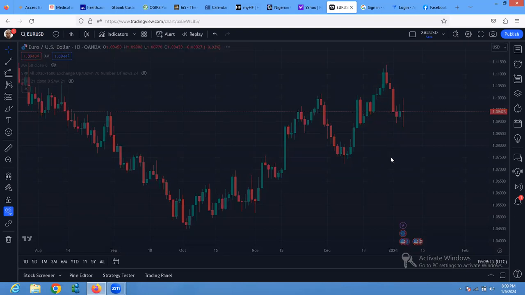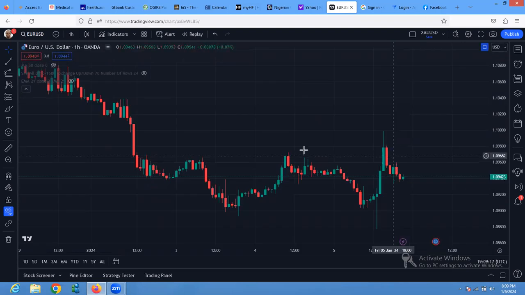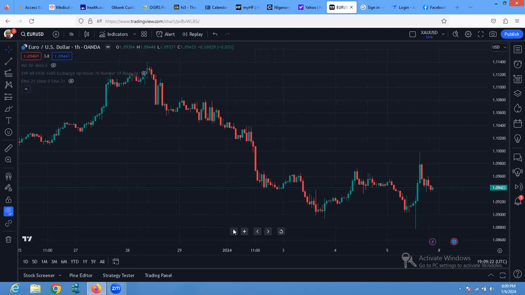And I want us to also understand something, that when price is printing like this, your movement, which we call a corrective wave of ABC, can indeed be corrective.